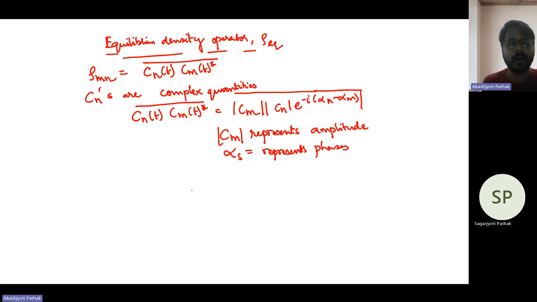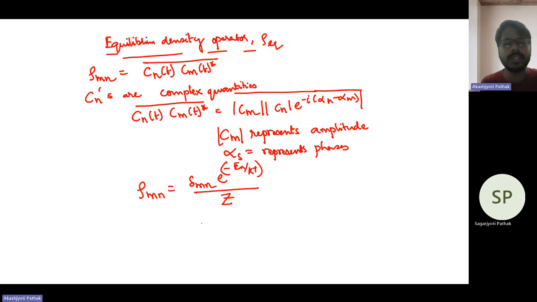Now we can write this rho mn in this form: delta mn e to the power minus En by kT, divided by Z.